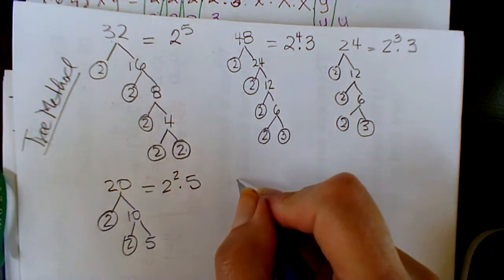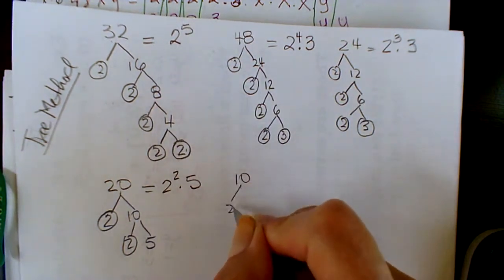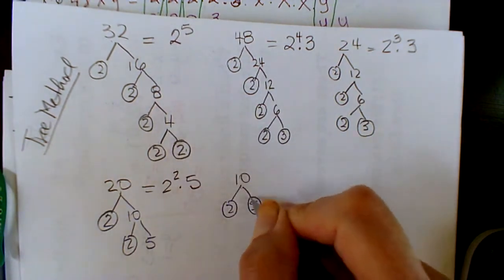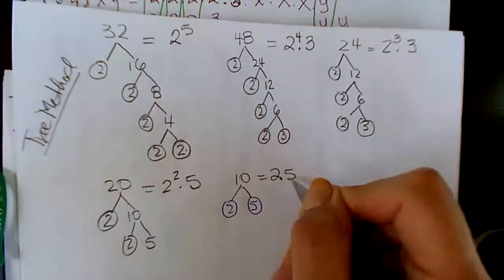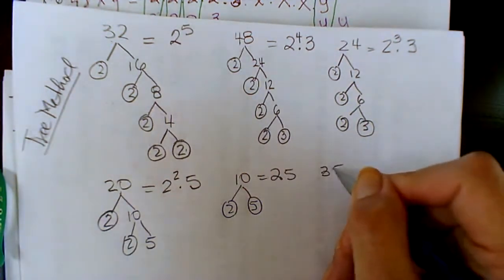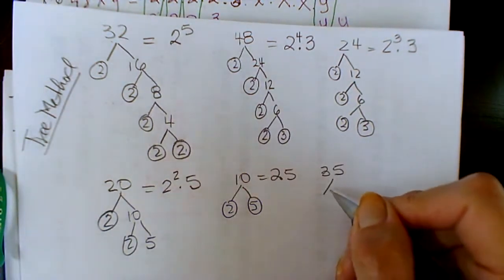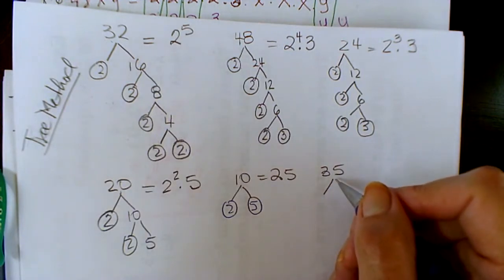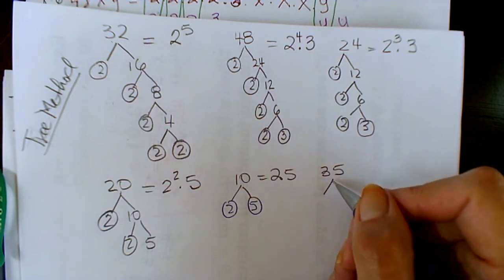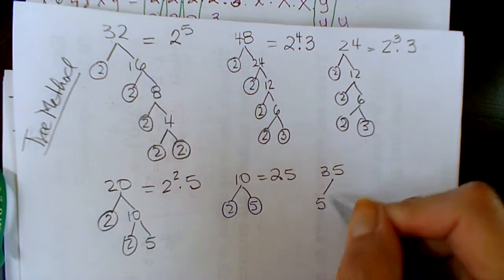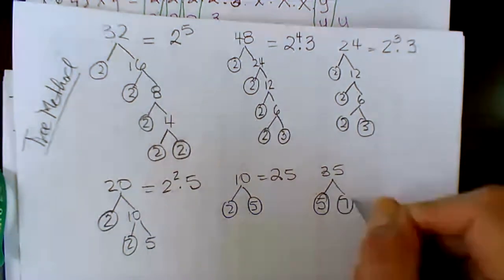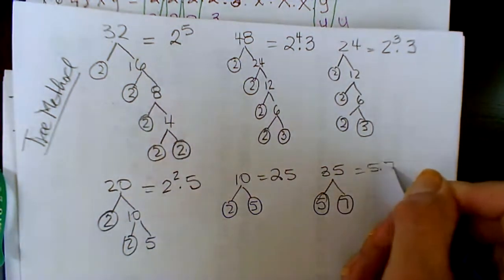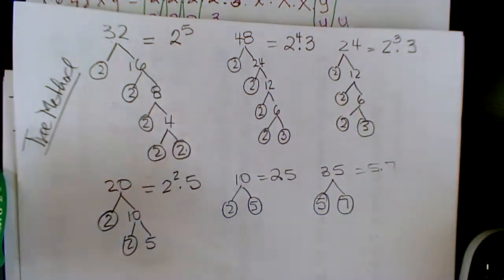I'm going to do the other numbers. 10 will be divided by 2 is 5. So 10 is 2 times 5. And let's do 35. 35, we cannot divide it by 2, so the next one will be by 3. We can't. By 4 we can't. By 5 we can. Divided by 5 is 7. So it's 5 times 7.